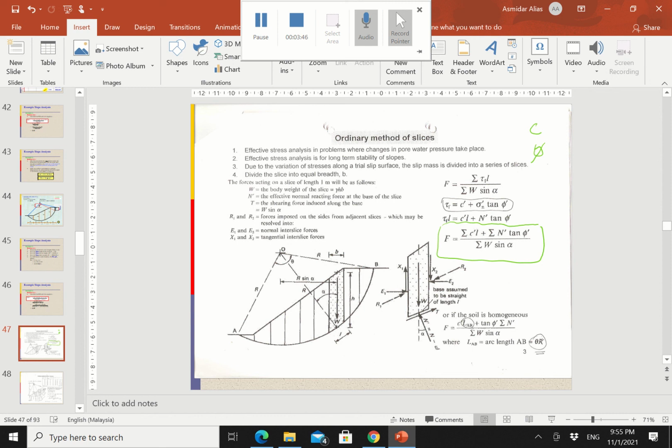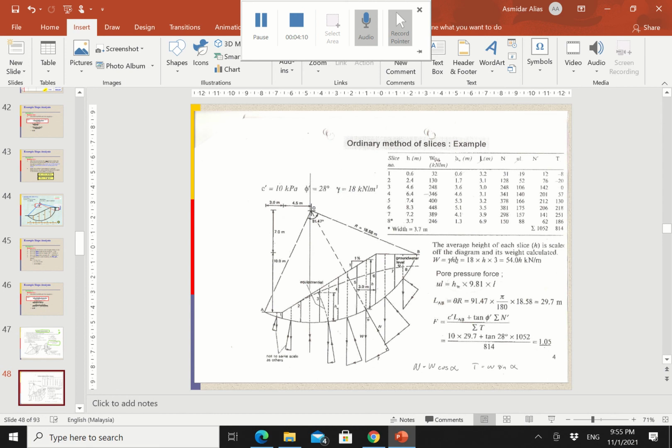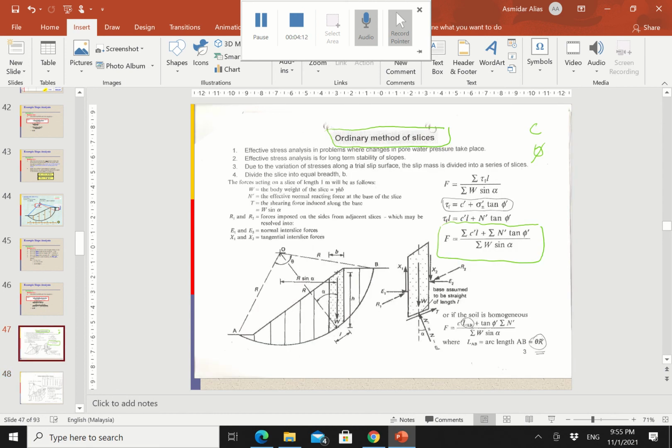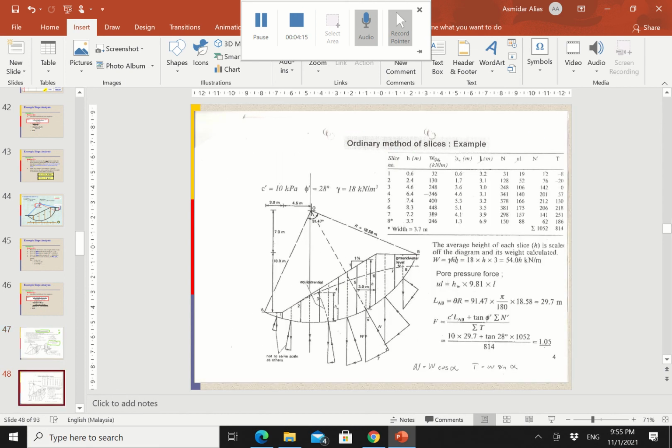The method that we always use for this particular discussion is what we call the ordinary method of slices, or sometimes you also know it as the Swedish method or Bishop method. Those are the other terms used for this slope stability analysis. In these two slides, it already shows you how to solve for FOS for effective stress analysis.